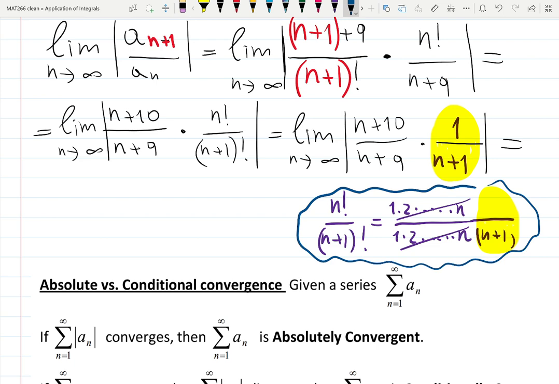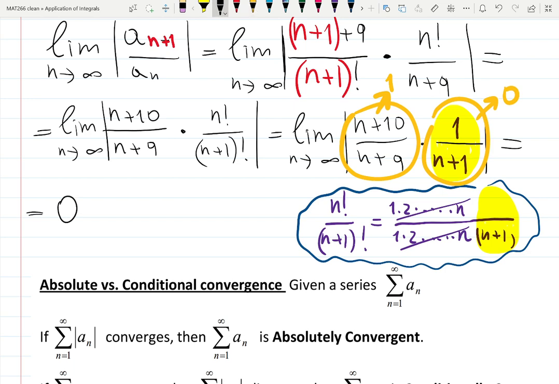So 1 times 0 is 0. I like to explain it this way: this part goes to 1 at infinity, this part goes to 0. 0 times 1 is 0. The answer is 0.